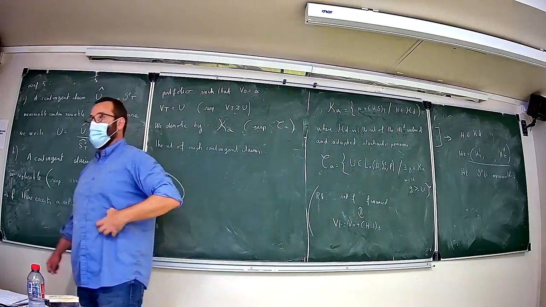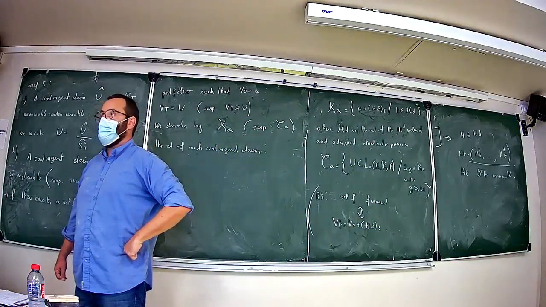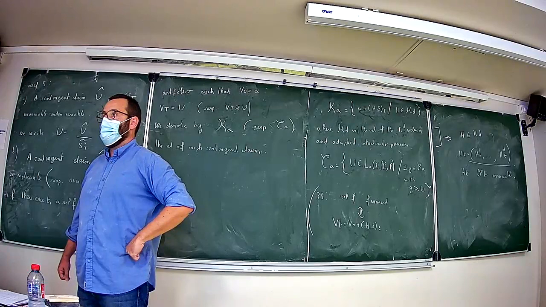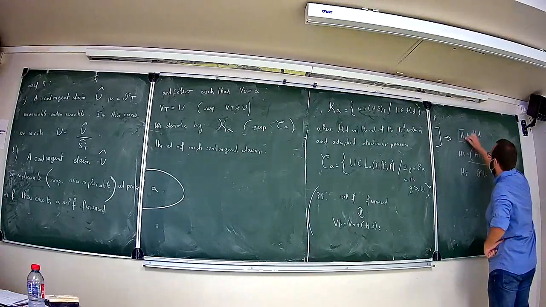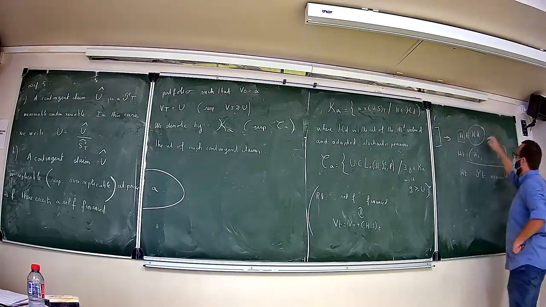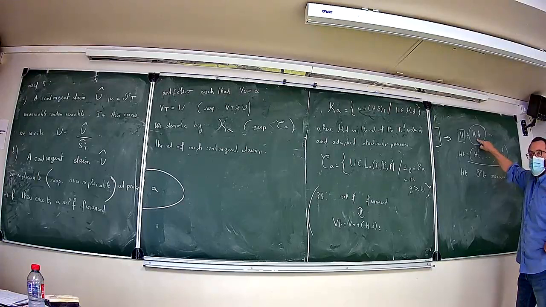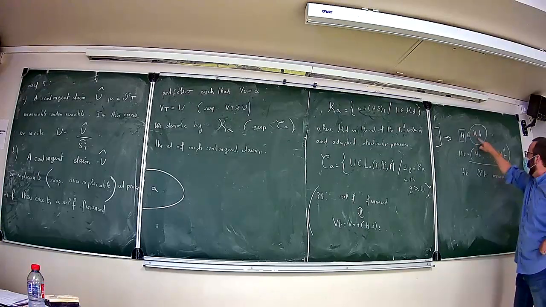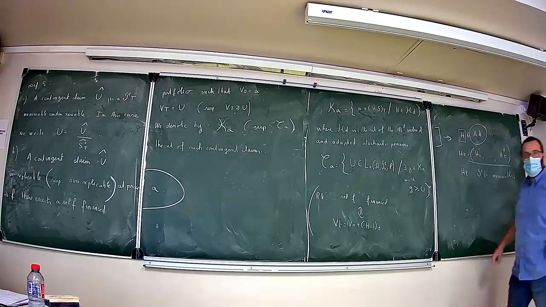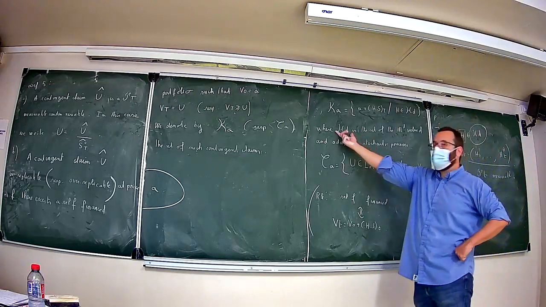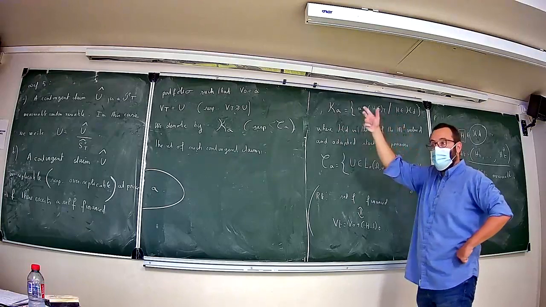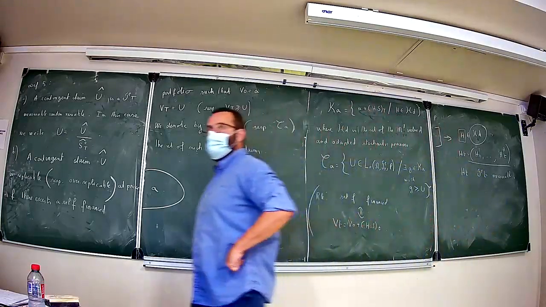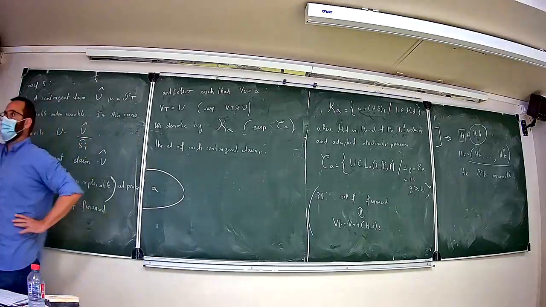H is an element of this set. You have a set containing stochastic processes, and H here is one among these stochastic processes, an element of this space.